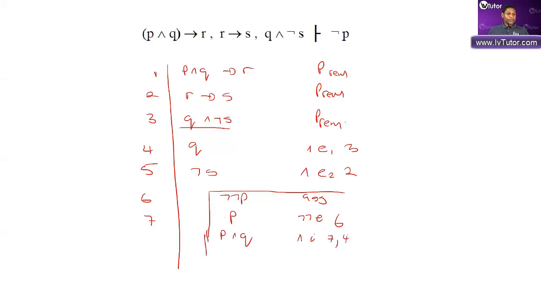Then we can have number 9. If we have P and Q, we can have R, and that is implication elimination, like we did last time, on number 1 and number 8. And then we can have S as well, and that's implication elimination on number 2 and number 9, right?